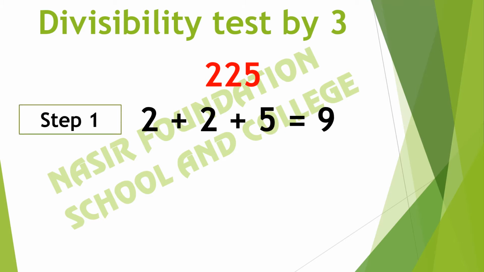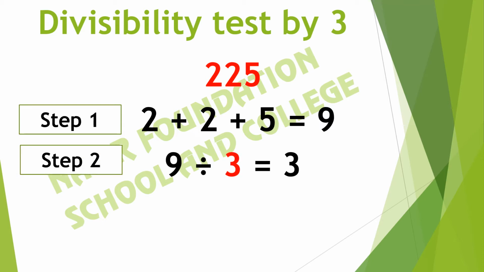Step 1 is to add all these digits. 2 plus 2 plus 5, we get 9. Then we will divide 9 by 3 and that is 3. We can divide 9 by 3. It means 225 is divisible by 3.